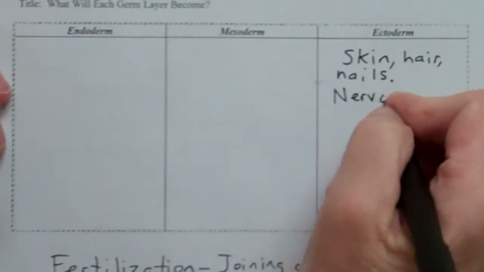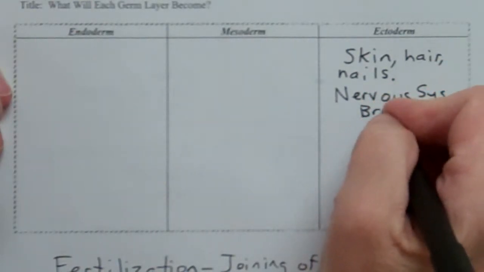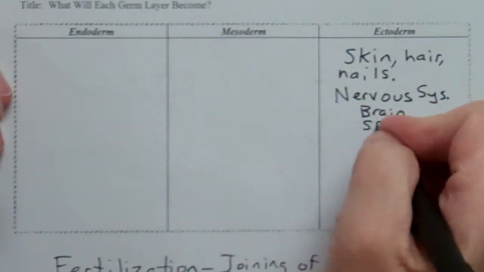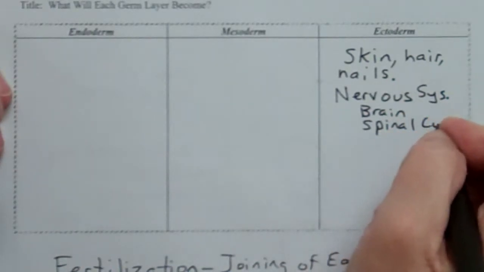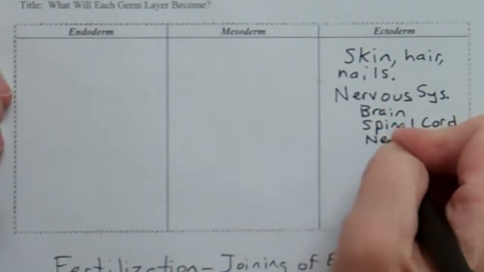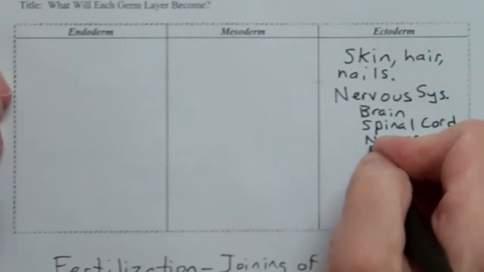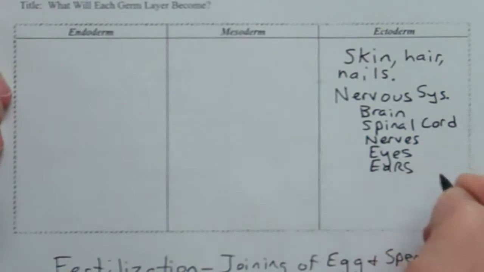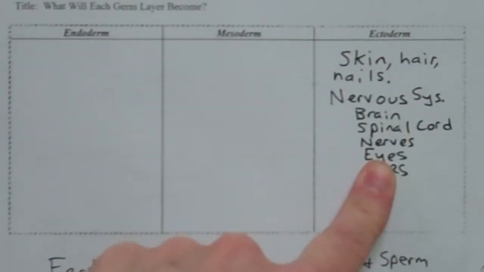So the ectoderm also is going to form your nervous system, which consists of your brain, your spinal cord, the nerves. Now that also includes your eyes, your ears, basically your senses there. So that is why I wanted to start with that, it's the outermost part, easiest to figure out.